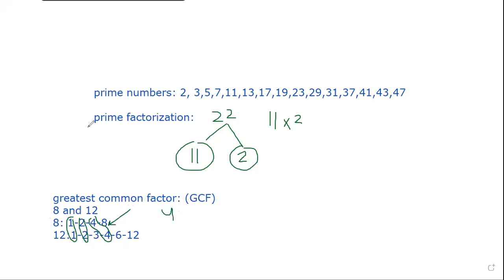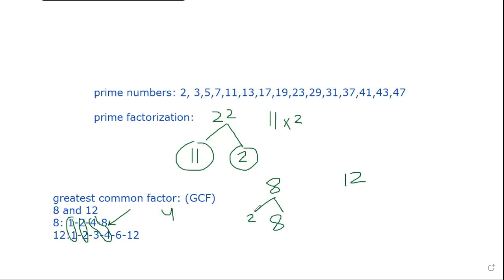But if I get stuck in any question, how do I use prime factorization to find the greatest common factor? Because I may forget one of the factors when listing the factors. So I may use the prime factorization. First, I find the prime factorization for the two numbers. So 8: I start with two numbers that multiply to get 8.